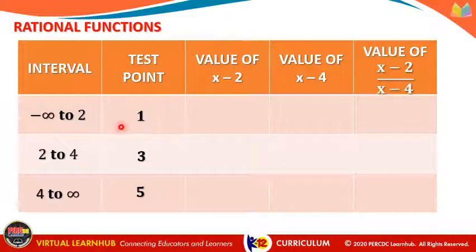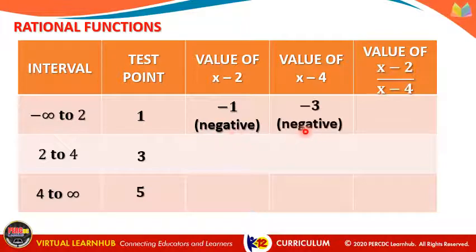Unahin natin yung unang test point. At x is 1, x minus 2 is negative 1. X minus 4 will be negative 3. Thus, at x is 1, x minus 2 over x minus 4 is positive 1/3. Therefore, from negative infinity to positive 2, the value of this is positive.